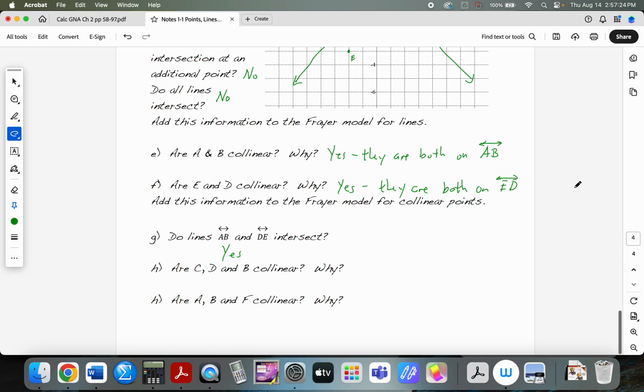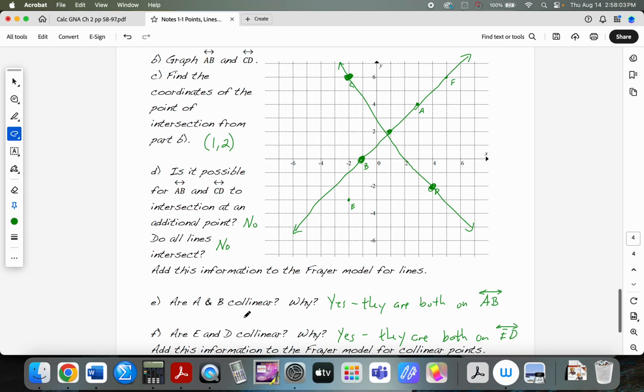No. Why? They're not all on the same line. There is no line that contains C, D, and B. You can have C and D, or D and B, or C and B, but you can't have all 3 on the same line. It's just not possible.